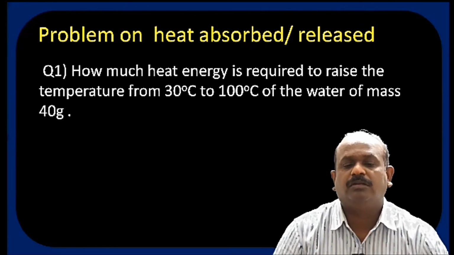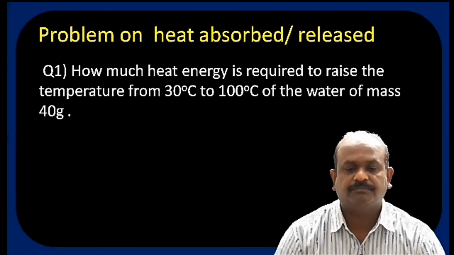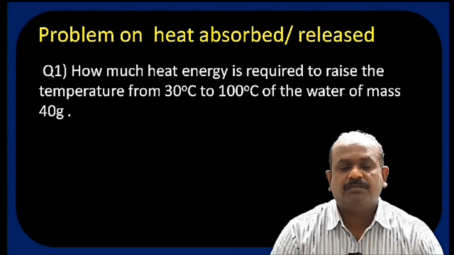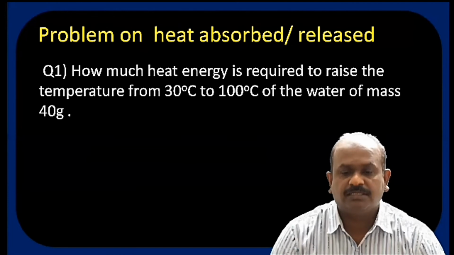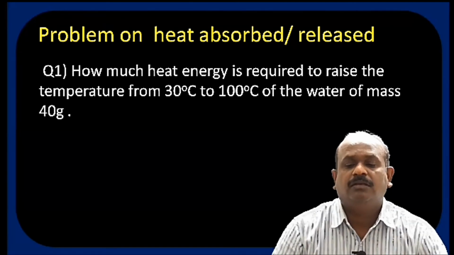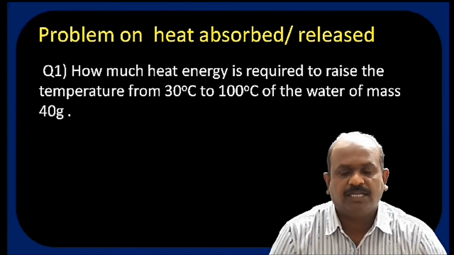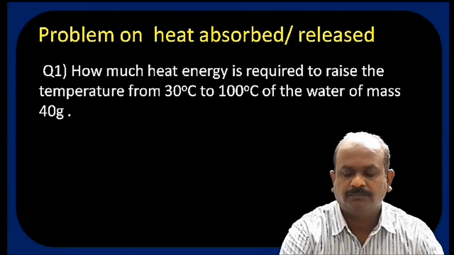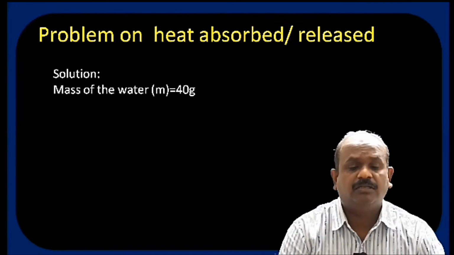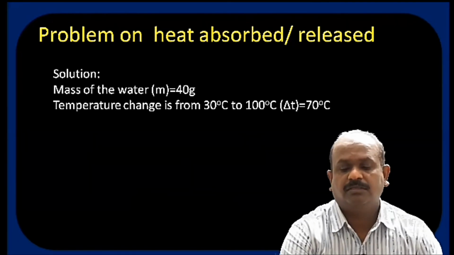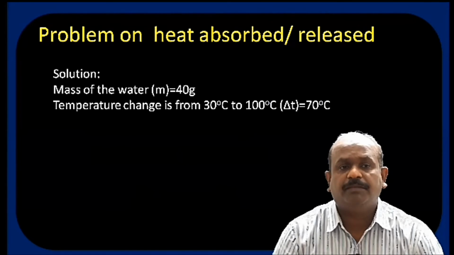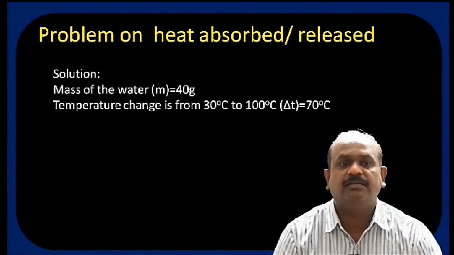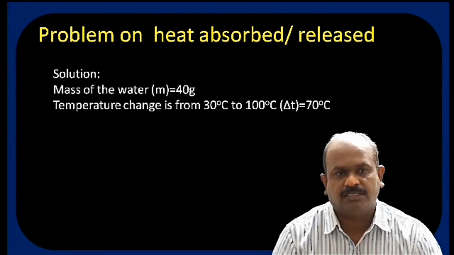Here is a problem on heat absorbed or released. How much heat energy is required to raise the temperature of water of mass 40 grams from 30 degrees Celsius to 100 degrees Celsius? Here the mass of the water is given as 40 grams and the temperature change is from 30 degrees Celsius to 100 degrees Celsius. That means delta T equal to 70 degrees Celsius.